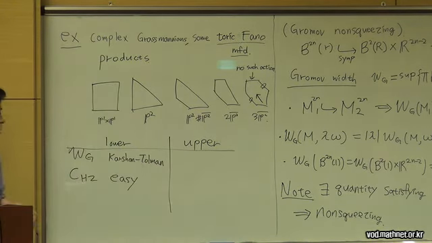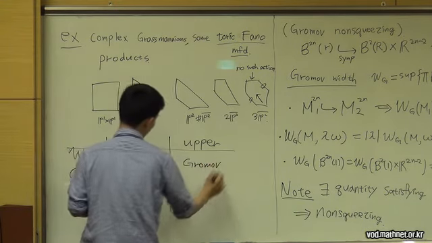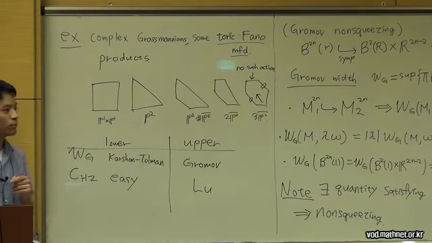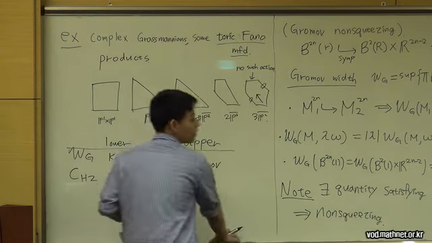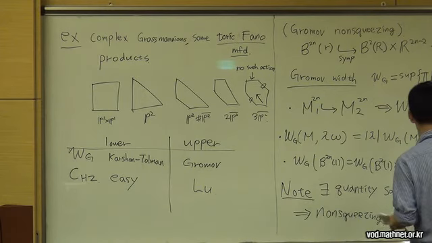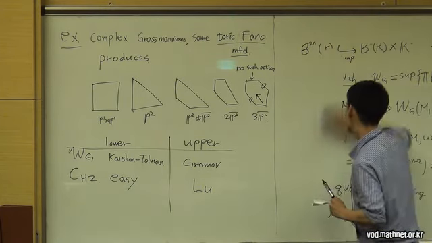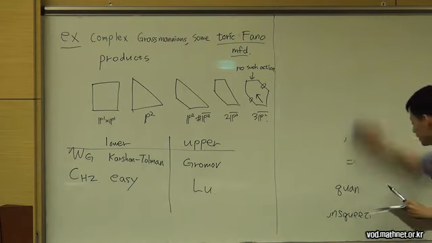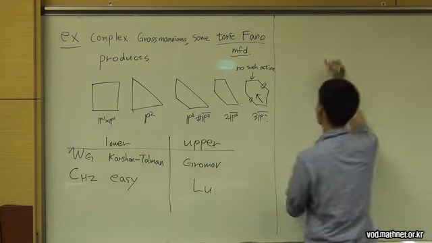And for the upper bound, the first one is due to Gromov, and the second one is due to Lu. For this one, we need to consider some Gromov-Witten invariants. Roughly speaking, the Gromov-Witten invariant is a count of curves passing through some given cycles. So let me just write down their result.